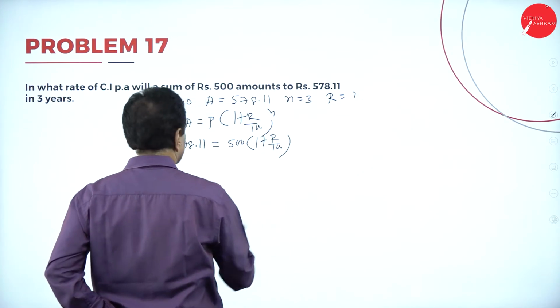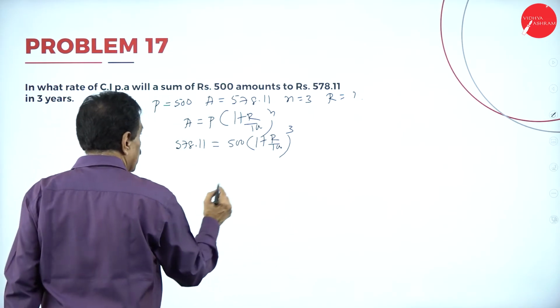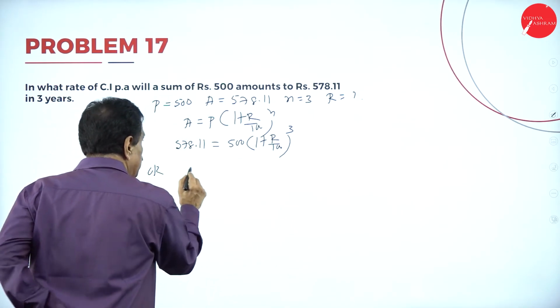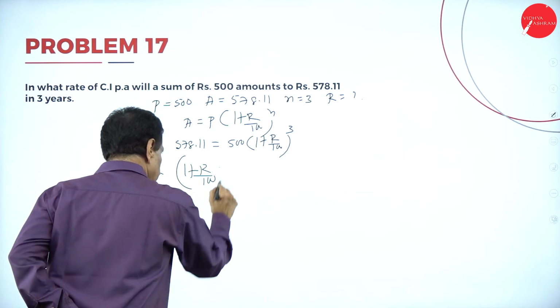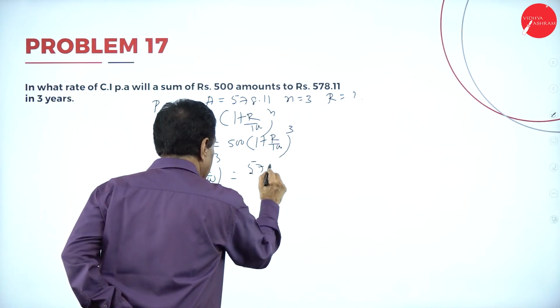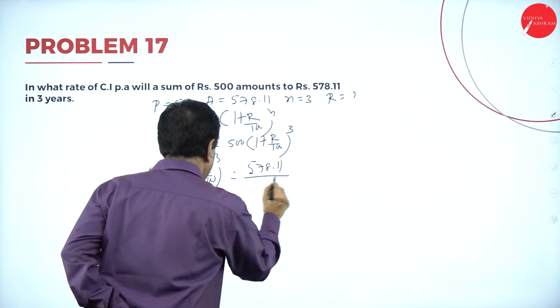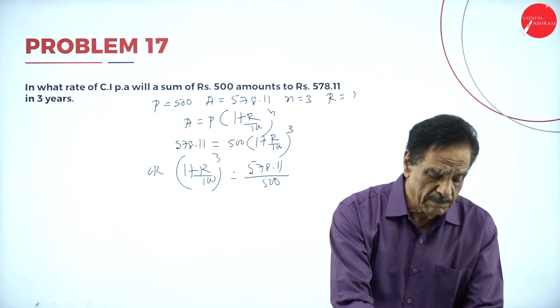How many years? 3 years. So (1 plus R over 100) to the power of 3 is 578.11 divided by 500. Take the logarithm and divide.